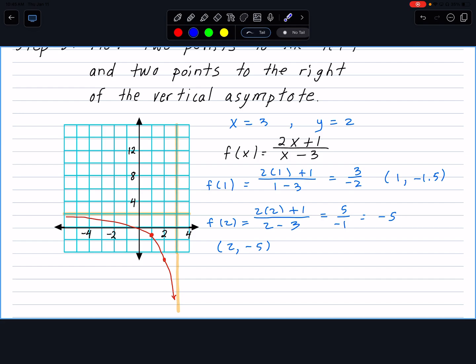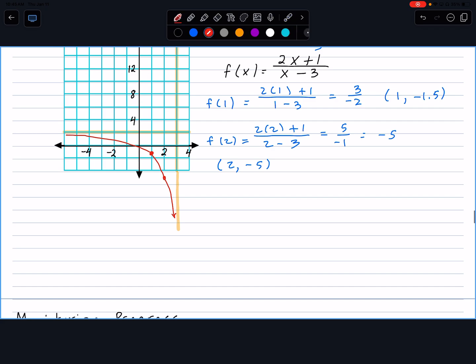I'm going to choose 2 numbers to the right of 3, for example, 4 and 5. So let's do f of 4, which becomes 2 times 4 plus 1 over 4 minus 3, which is 9 over 1, which is 9.